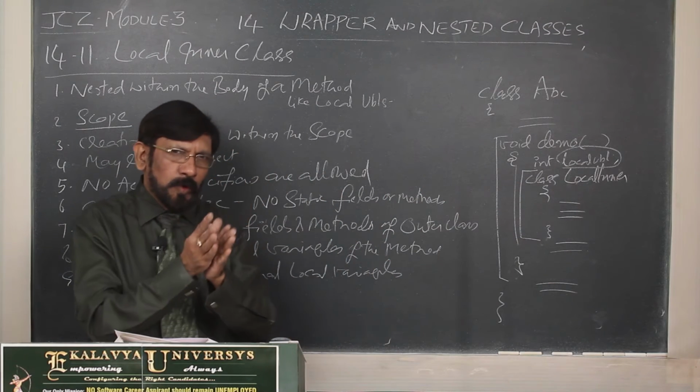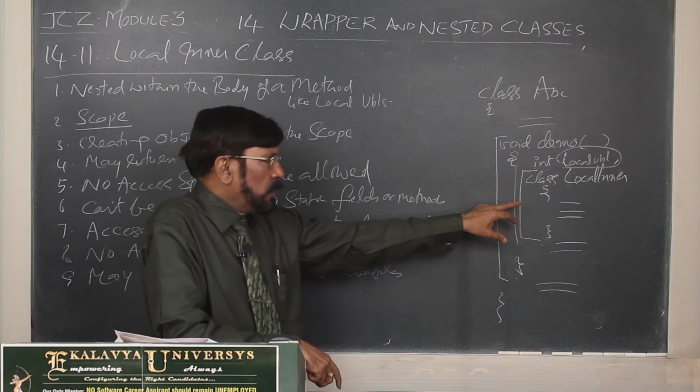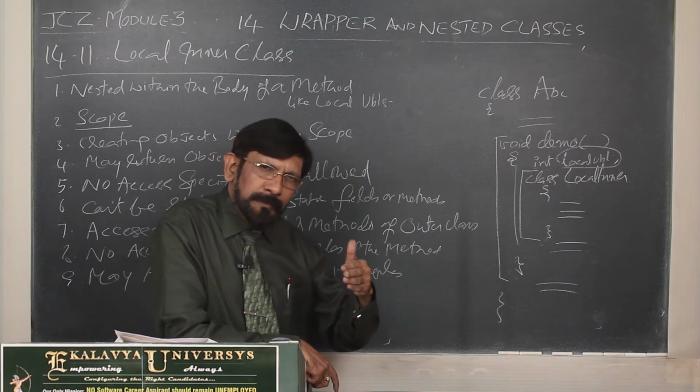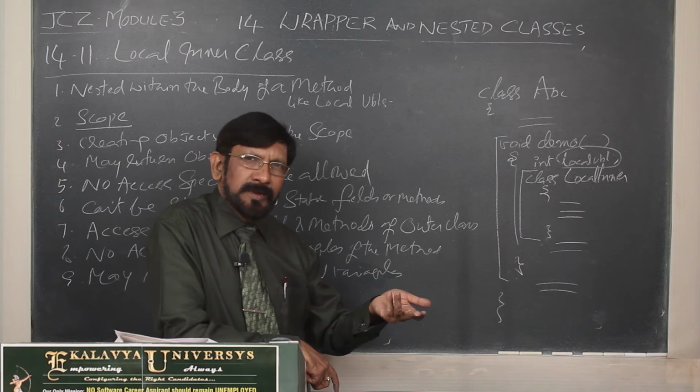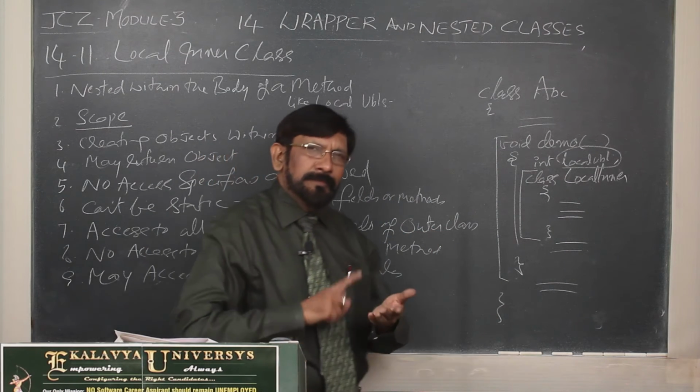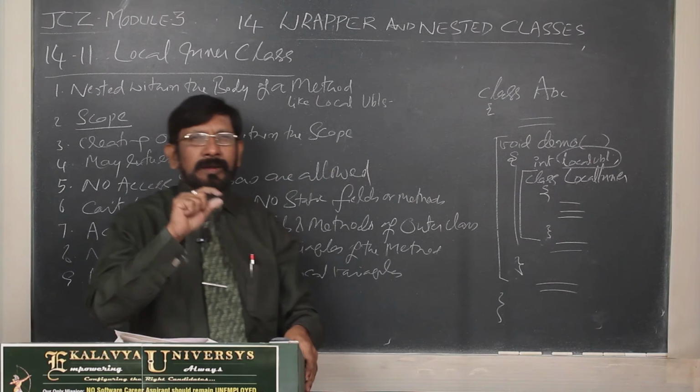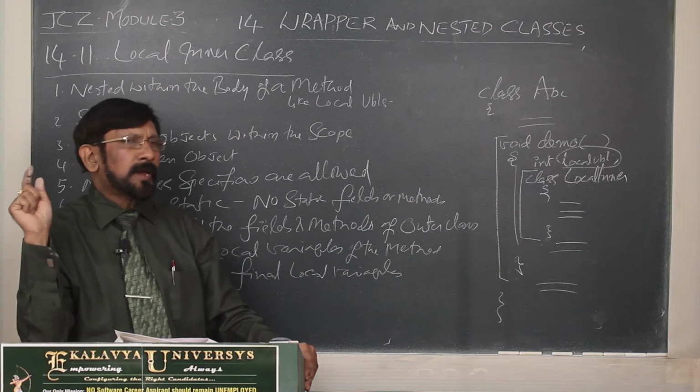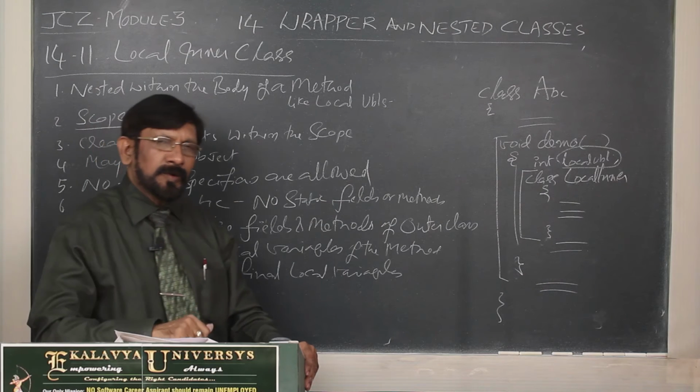So, within the scope of the method only, the local inner class may create objects, and the objects may be returned, and the local inner class may extend another class or may implement one or more interfaces. That you have to understand.